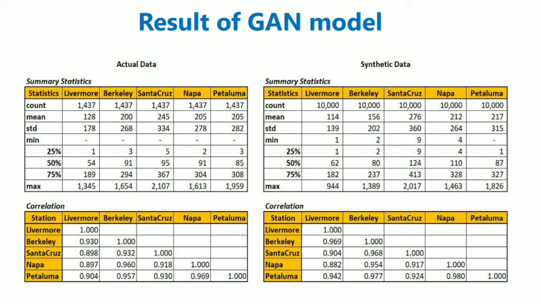So I can say that the model has done its work perfectly, as the results for the actual data and the data generated by the model are almost the same.